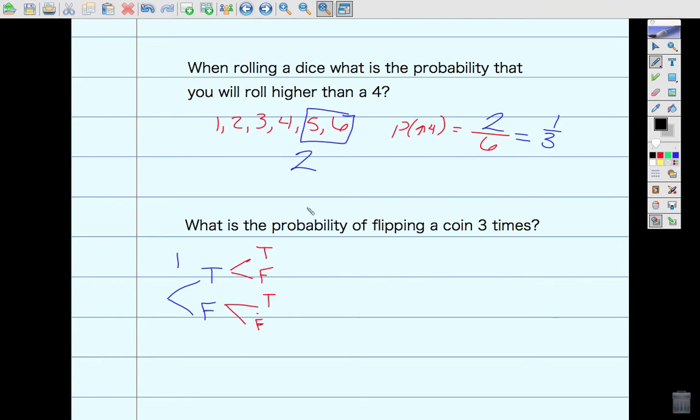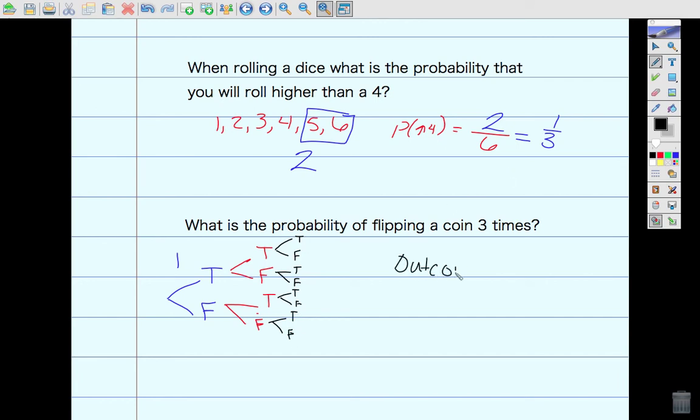And the third time, I have each of these trues, I have a true and a false. And here, I have a true and a false. And here I have a true and a false. And here I have a true and a false.